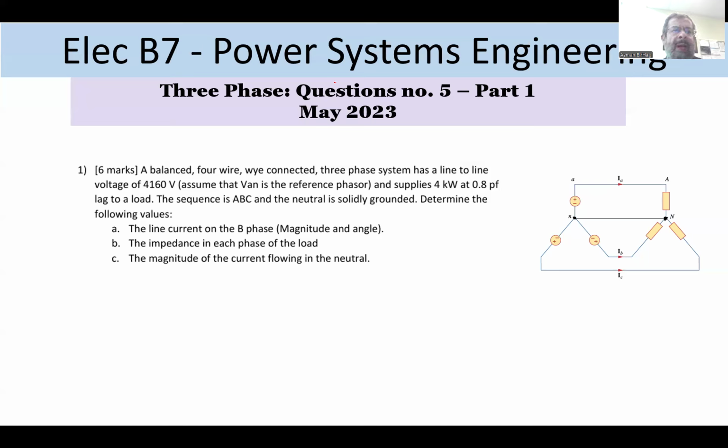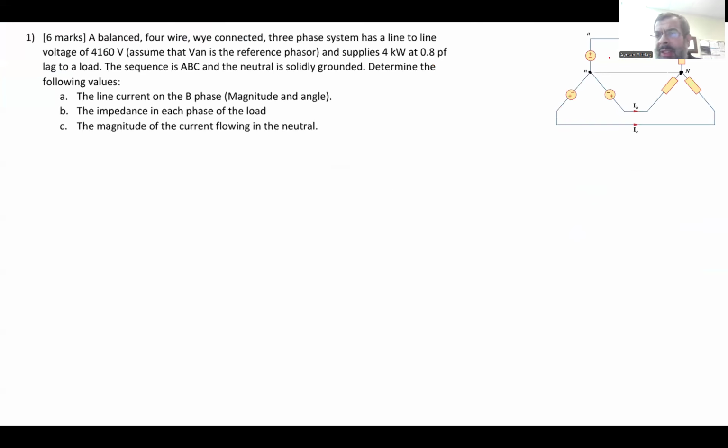It says here we have a balanced four-wire, Y-connected system with a line-to-line voltage of 4160 volts. Assume VAN is the reference, so it has an angle of 0.